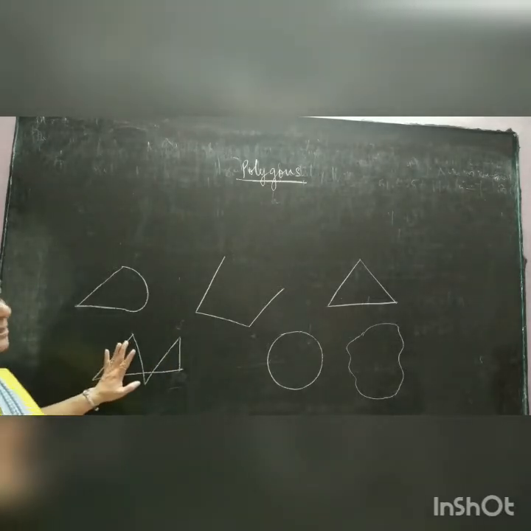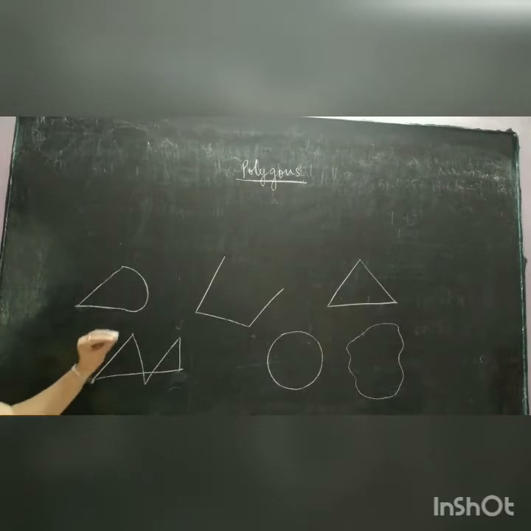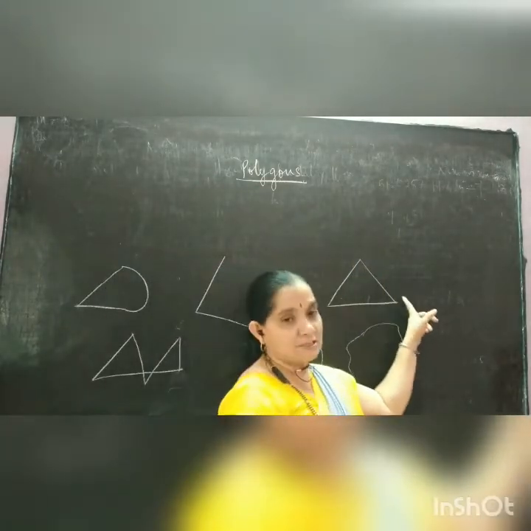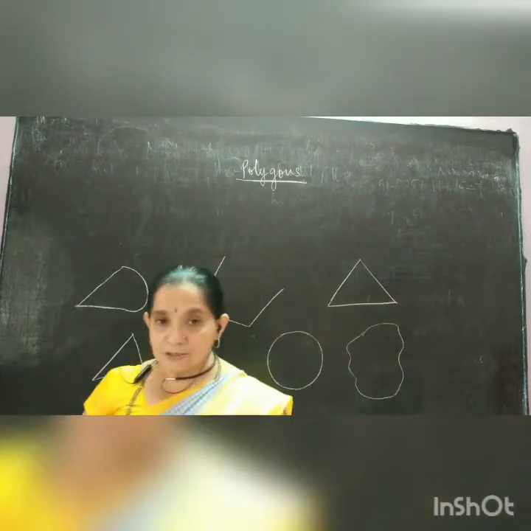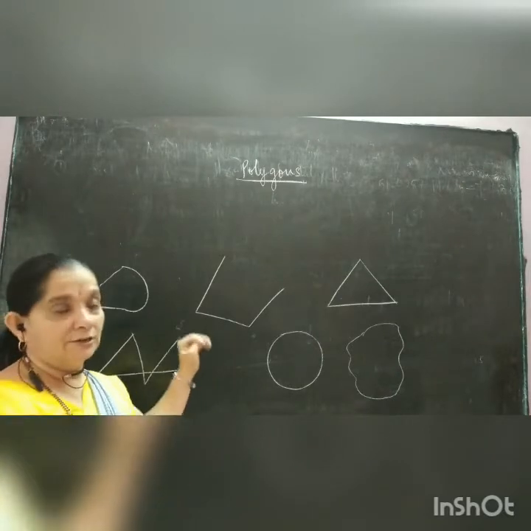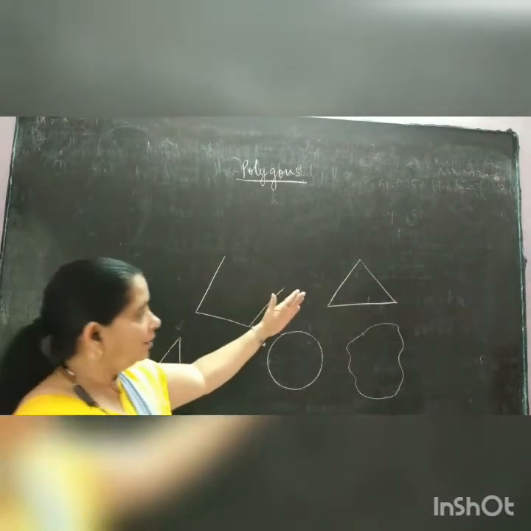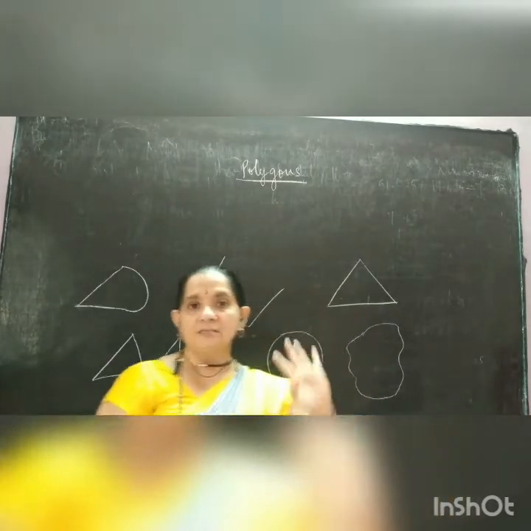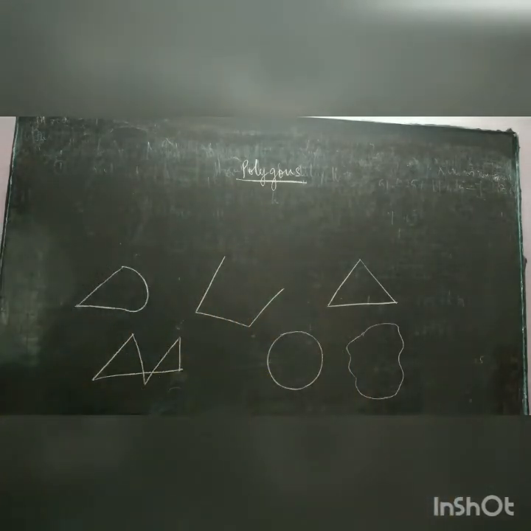So it is a simple diagram or rectilinear figure formed by line segment. It's a closed geometrical rectilinear figure formed by line segment is called a polygon.